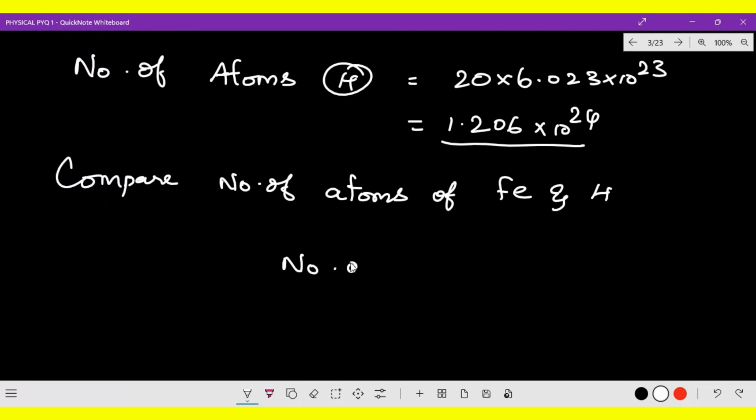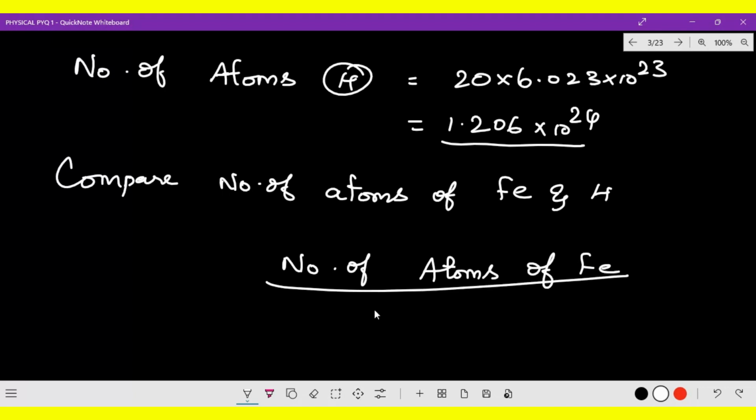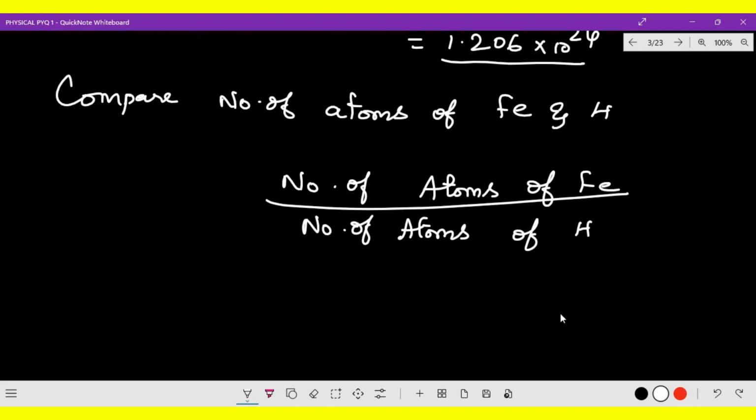Number of atoms of hydrogen, number of atoms of iron divided by number of atoms of hydrogen. So how much are you receiving here in this point? Here 6.023 into 10 to the power of 24, right?